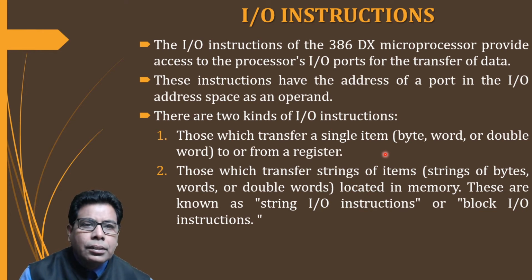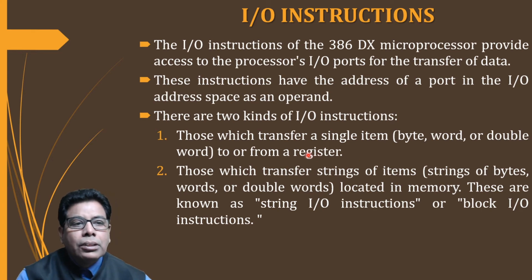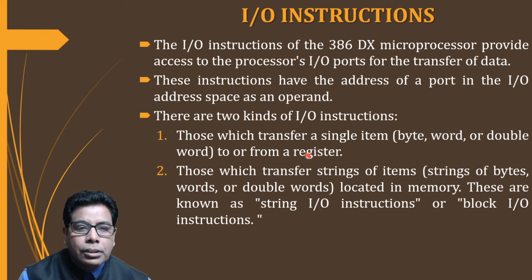So there are two kinds of IO instructions: those which transfer a single atom, that is byte, word, or double word. Byte is 8-bit, word is 16-bit, and double word is 32-bit, to or from a register. So that is one kind.